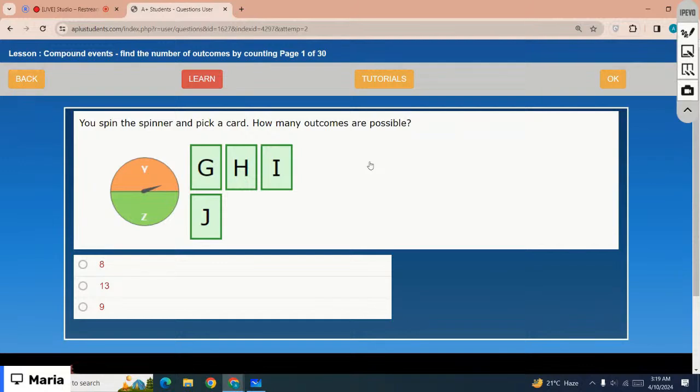For the spinner, you have two outcomes, and for the cards, you have four. So you simply have to do 4 times 2, that is 8. The correct option is 8.